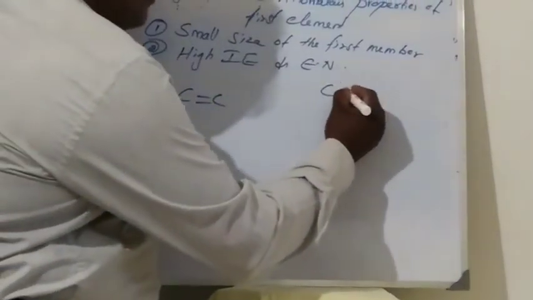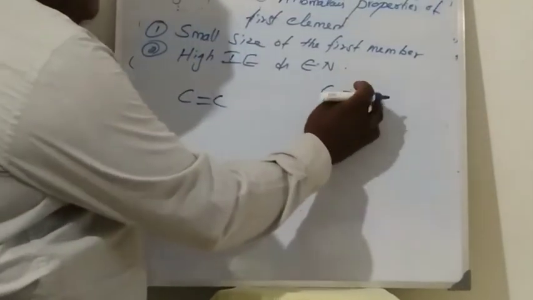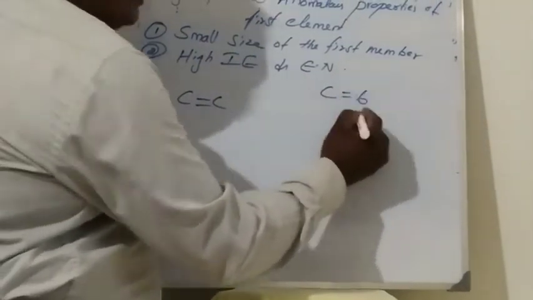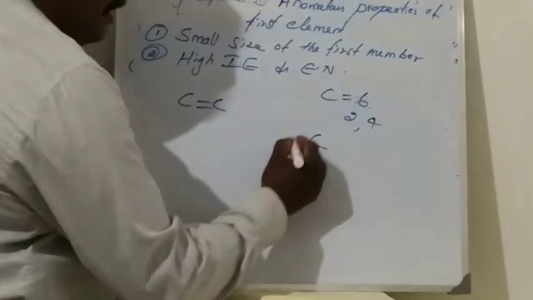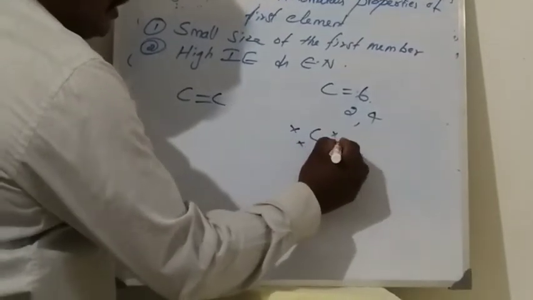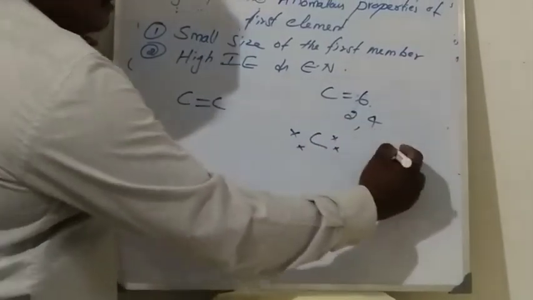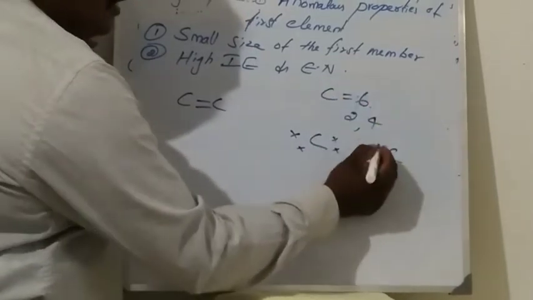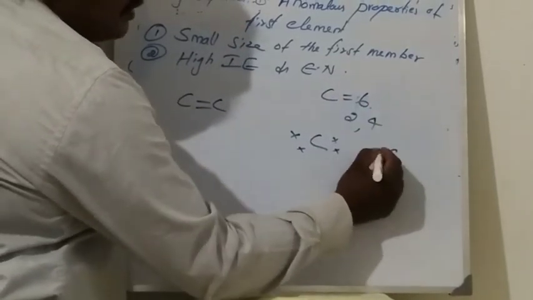The atomic number of carbon is 6. The first shell has 2 electrons and the outermost shell has 4. We can draw the dot diagram for carbon: the outermost shell has 4 electrons. This is another carbon, which also has 4 electrons.